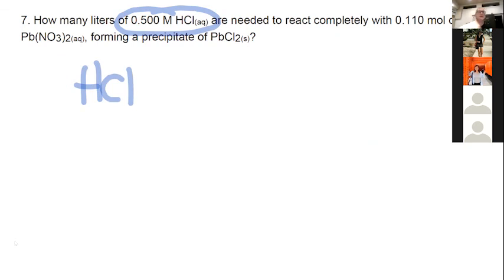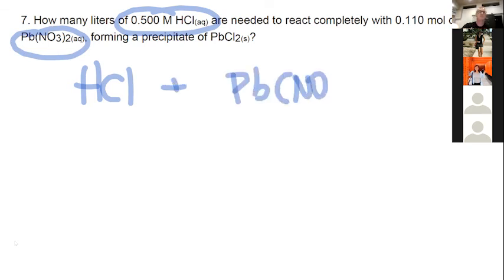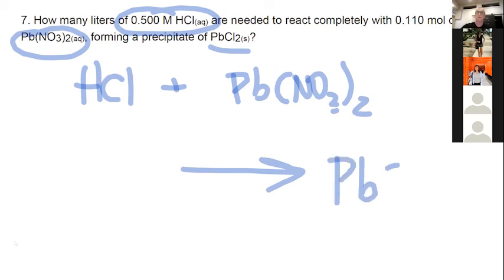The other reactant is lead nitrate. And one of my products is lead chloride. What's the other product? What am I missing? Nitric acid.